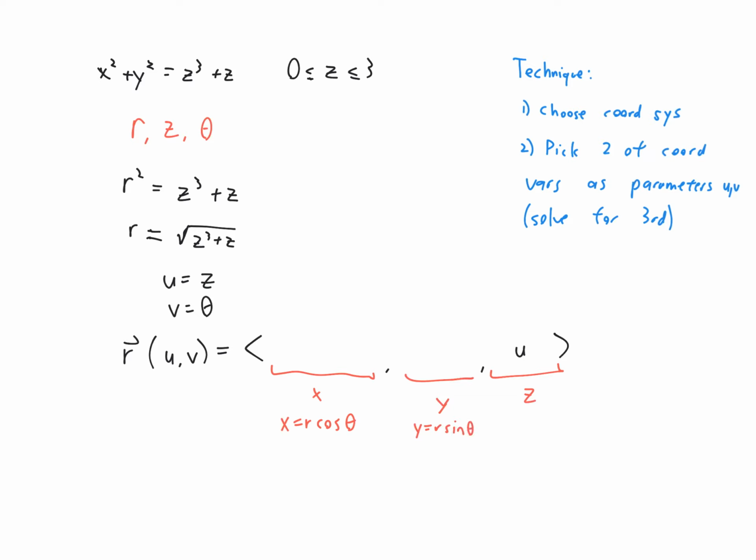So let me just write r and theta in terms of the parameterization that we have in terms of u and v. So r is really going to be, well, let's see, square root of u cubed plus u times cosine of theta, which is v. Again, r is square root of z cubed plus z, so u cubed plus u, times sine of theta, which is sine of v.